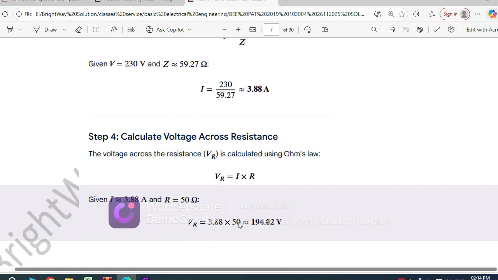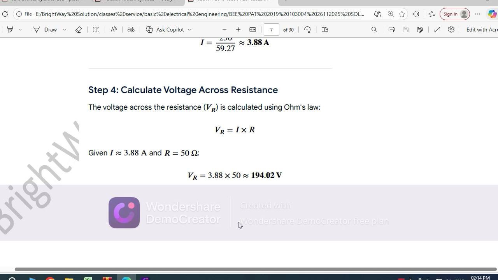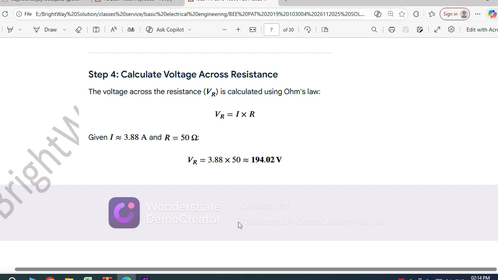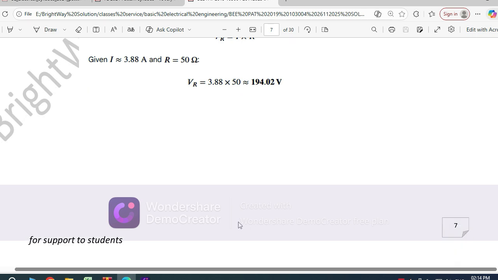Now VR is the voltage drop across the resistance, I into R, which is 3.88 into 50, which is 194.02 volt.